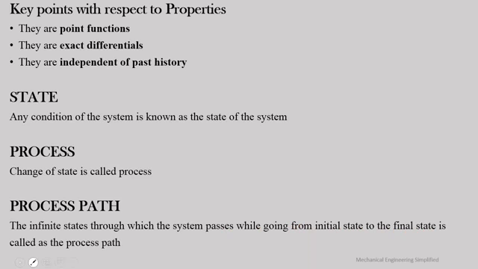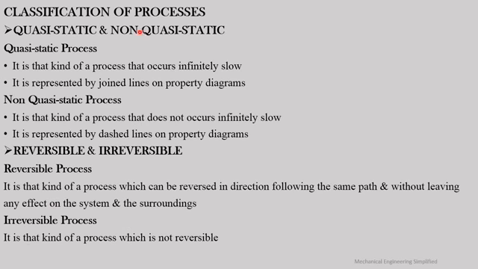Then we have classification of processes. Processes are broadly classified into two categories. What are those? Quasi-static and non-quasi-static, and reversible and irreversible. Quasi-static is that kind of process that occurs infinitely slowly.